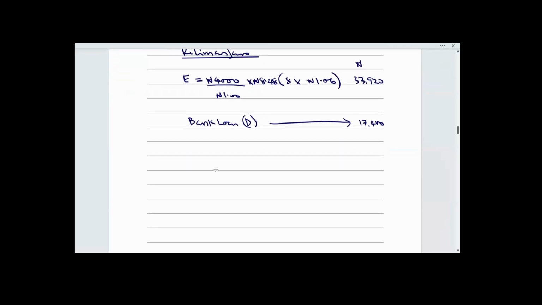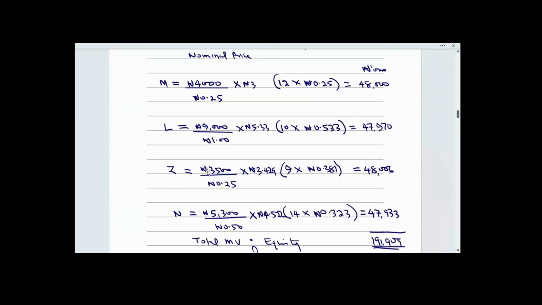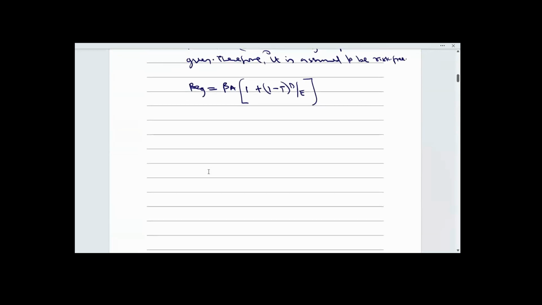Now, because I'm going to need this information when we get to work, let's add everything together. Add these two together. What do you have? 51,320. So this represents the total value for Kilimanjaro. So I will then come here, 33,920 is the equity value of Kilimanjaro.